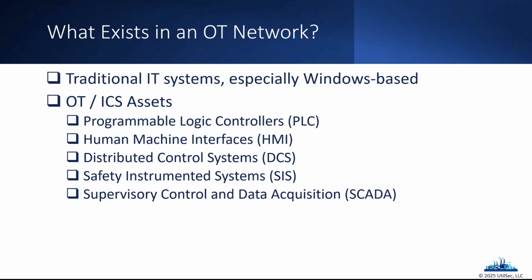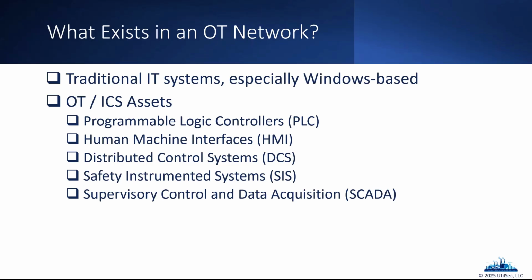So just remember, in an OT network, we have Windows machines everywhere. And sure, again, some Linux, but mostly Windows machines everywhere. Then we also have those control systems, or the OT assets. So the PLCs and the ICS we were talking about. Now, in larger environments, you can have a distributed control system, or DCS.